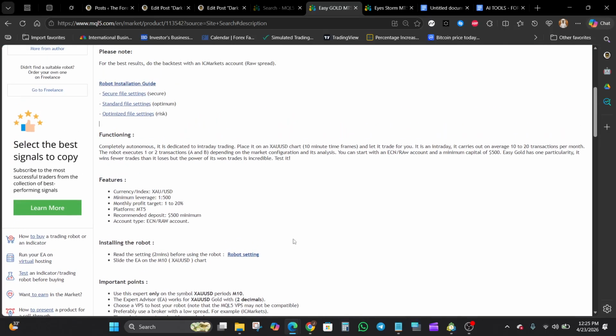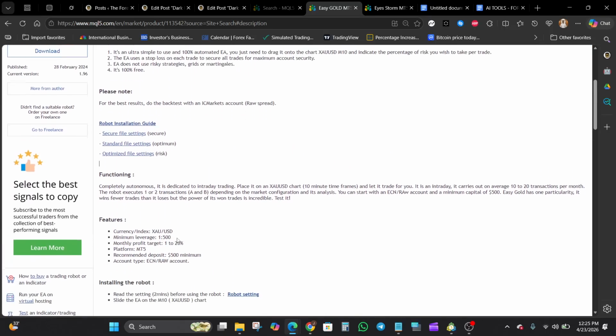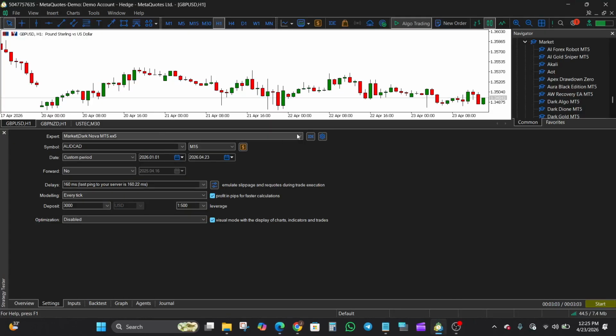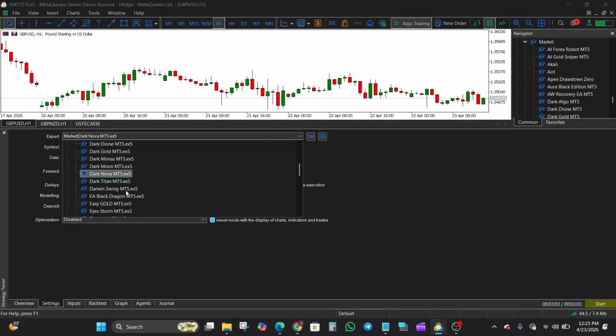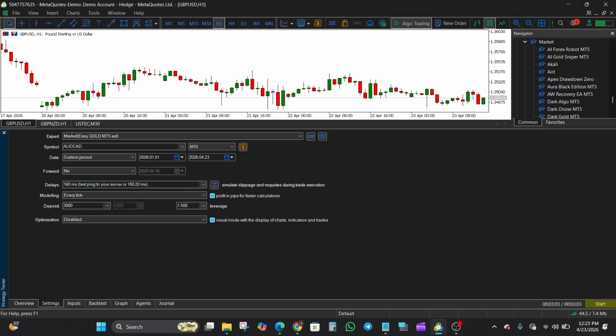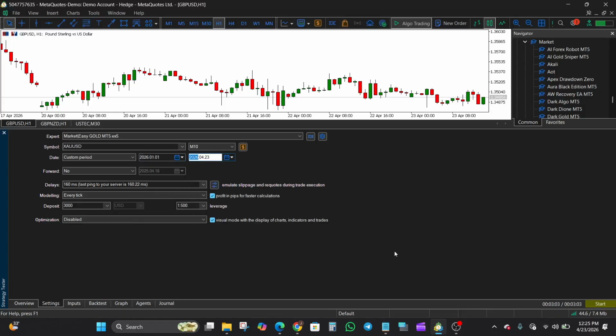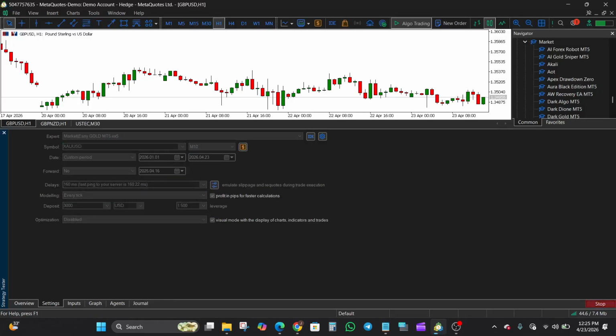We're going to be testing the Easy Gold expert advisor on XAUUSD, using the M10 time frame, the recommended time frame. We are going to be testing from the beginning of this year till date. So let's start the test.